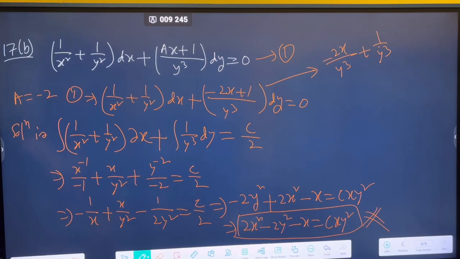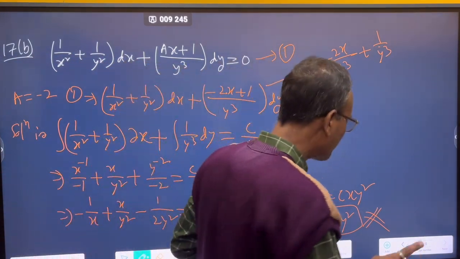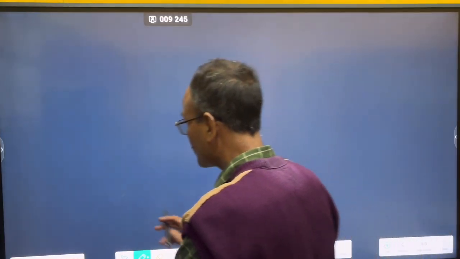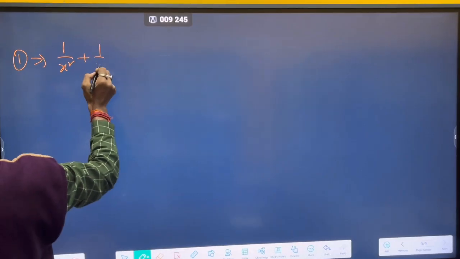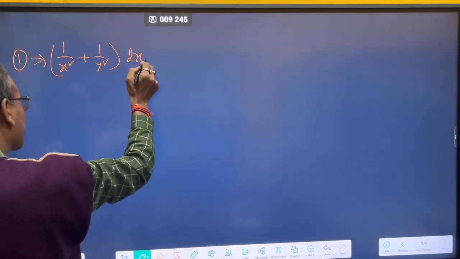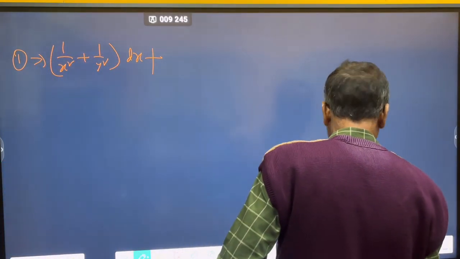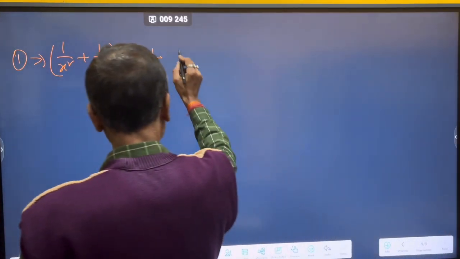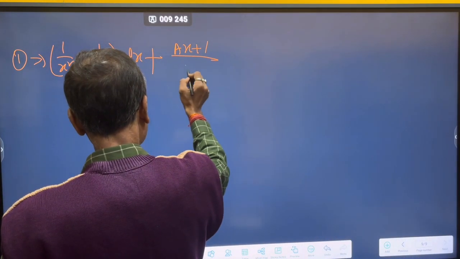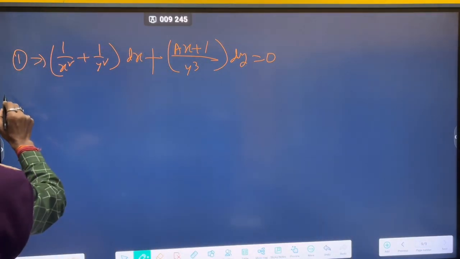(1/x² + 1/y²) dx equal to this one. Let us try to solve this equation by another method, method number 3. The equation is (1/x² + 1/y²) dx + (ax + 1/y³) dy = 0, where a equal to minus 2.